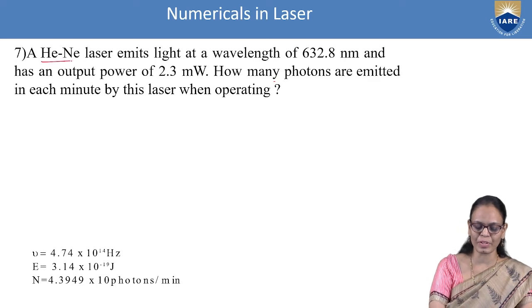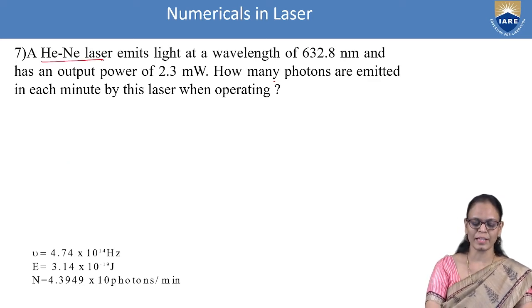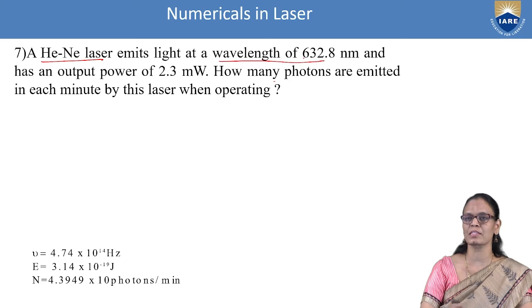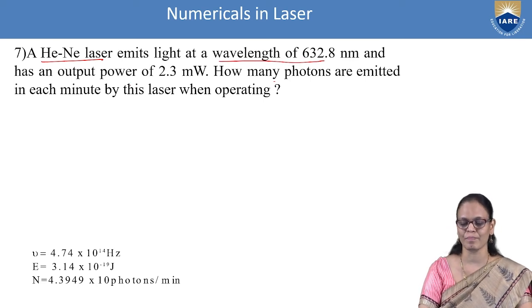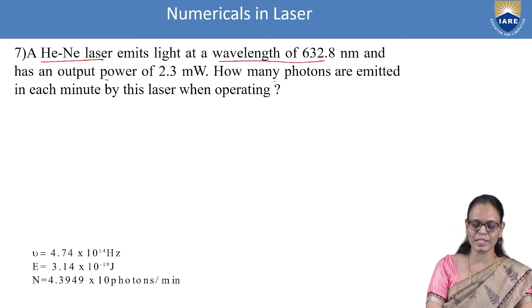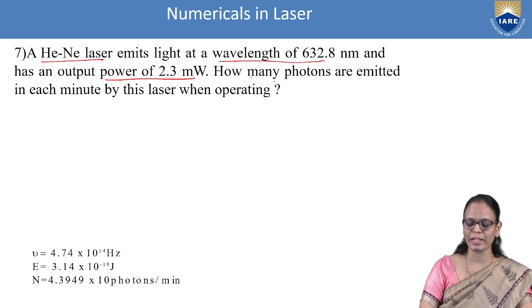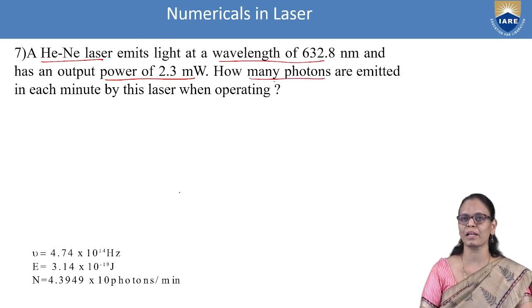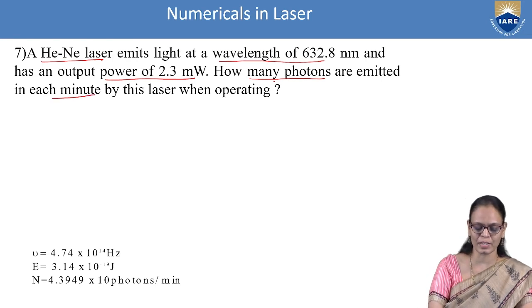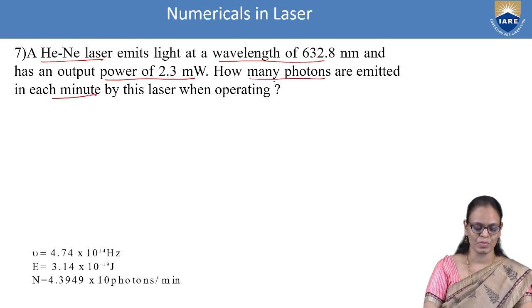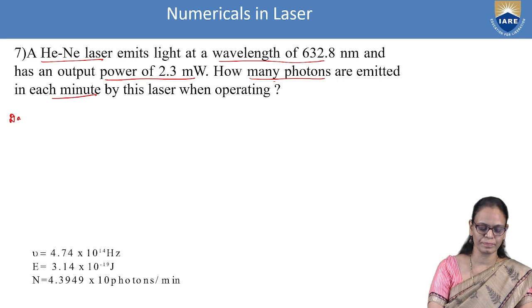So we are talking about a helium neon laser that emits light of wavelength 632.8 nanometer, and the output power is 2.3 milliwatts. We have to find how many photons are being emitted per minute. That is also important. So write the data.